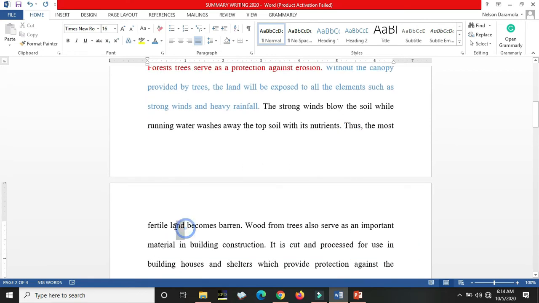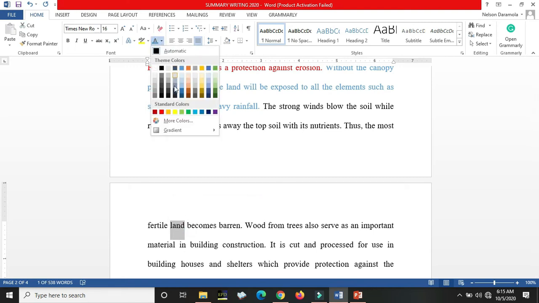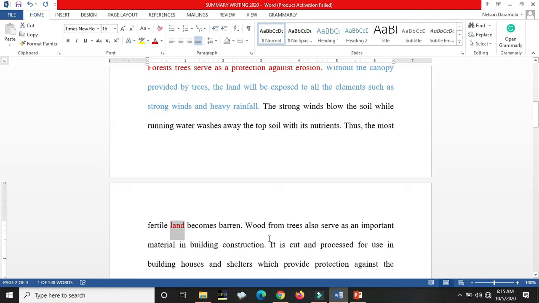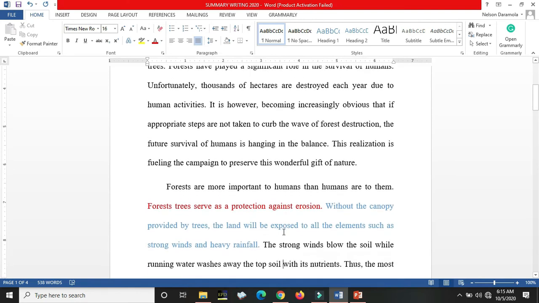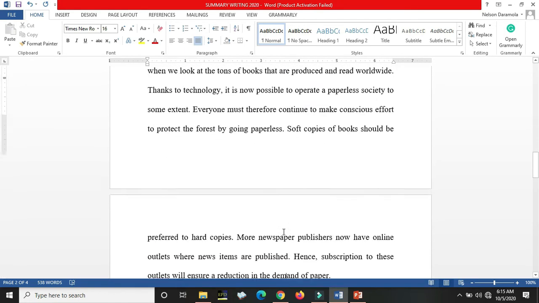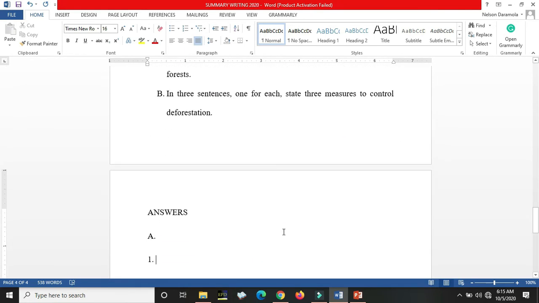So the word land is very important here. Okay, so let's see. That means there is something you should know here. Forestry serves as a protection against land erosion. So if I'm going to write this out as my answer now, I'll come down here and give my answer in a sentence. Forests. The question says in 3 sentences.